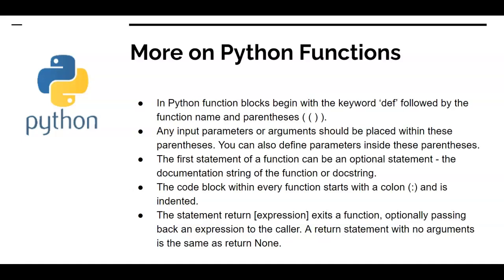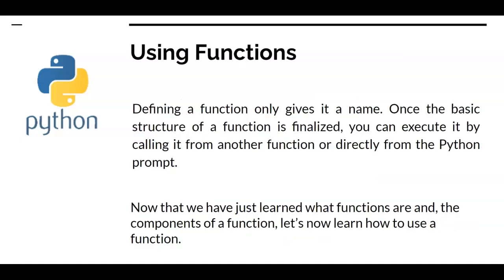The first statement of a function can be an optional statement, the documentation string of the function, or docstring. The code block within every function starts with a colon and is indented. The statement return expression exits a function, optionally passing back an expression to the caller. A return statement with no arguments is the same as return None.